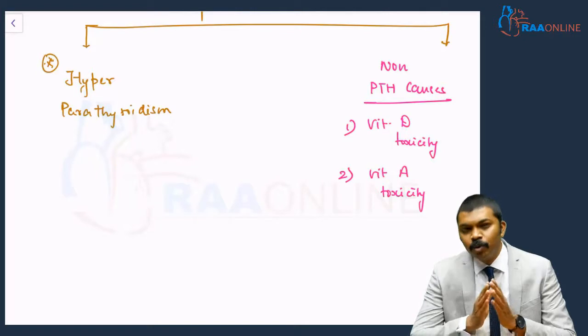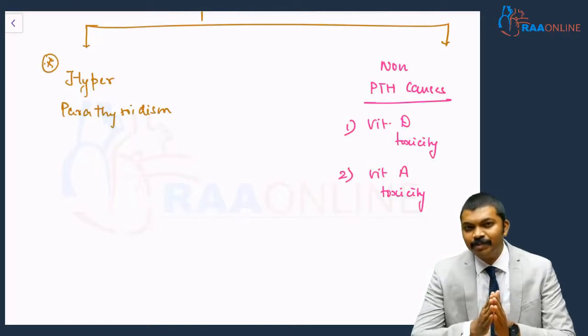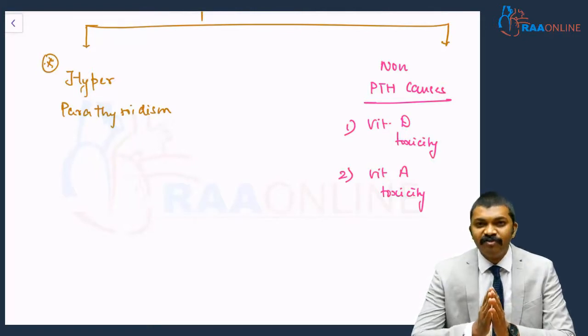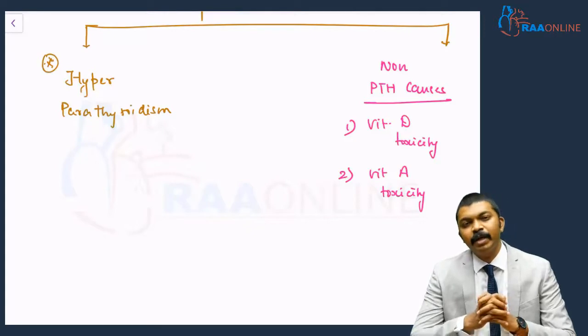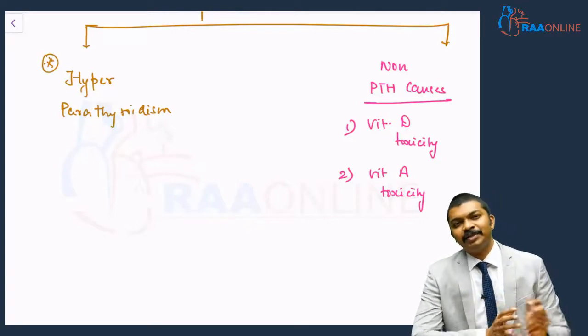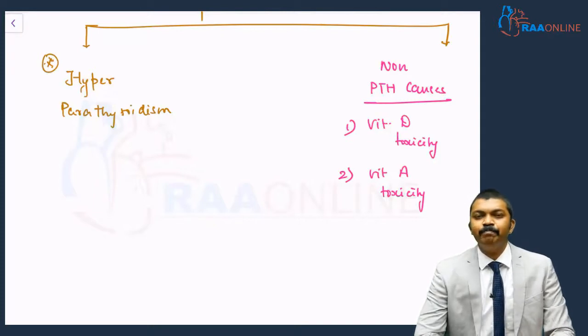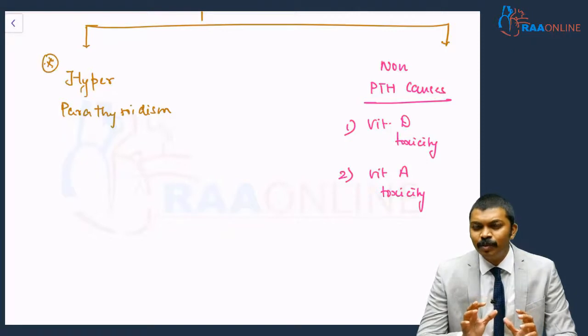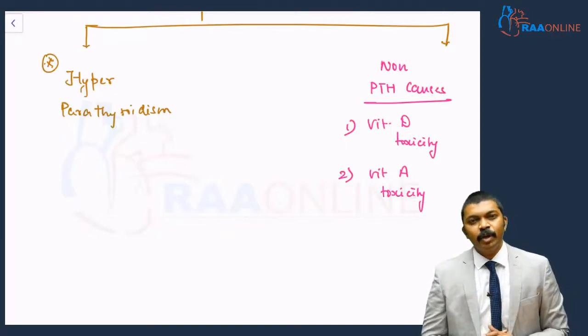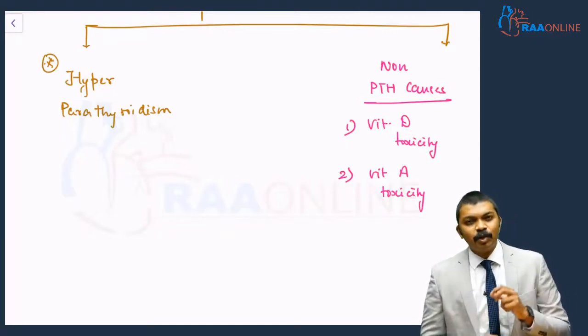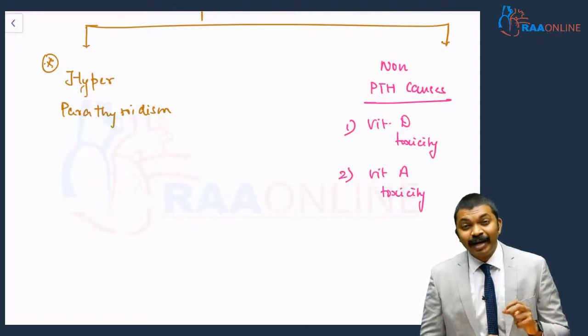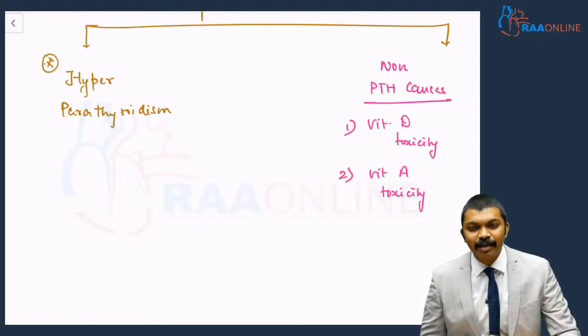Both these vitamins, vitamin A as well as vitamin D, are fat soluble vitamins, isn't it? Now, when it comes to the action, if you look at the vitamin D receptors, they are not just going to act independently. Vitamin D receptor is also going to get attached to retinoic acid receptor.